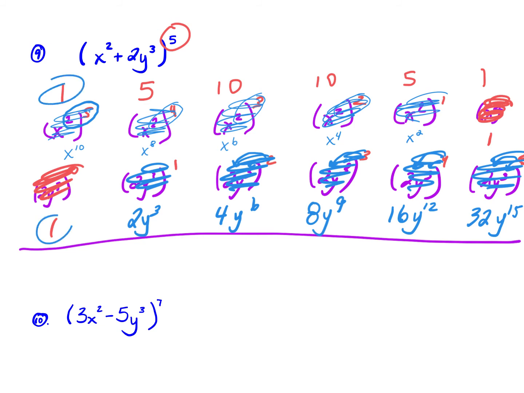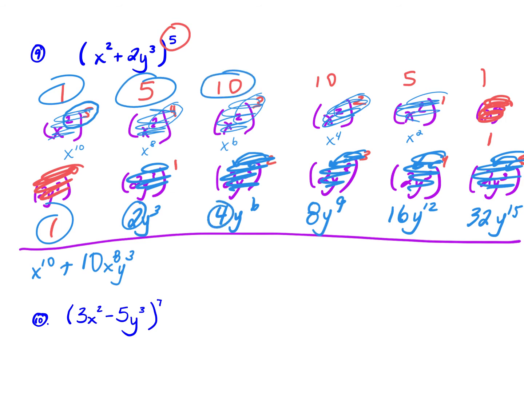1 times 1 is 1, so I have x to the 10th. Plus 5 times 2 is what? 10. Then I write my letters, x to the 8th, y to the 3rd. If you guys are careful and you are organized, this is super easy. 10 times 4 is what? 40. So then I write my letters, x to the 6th, y to the what? 6.